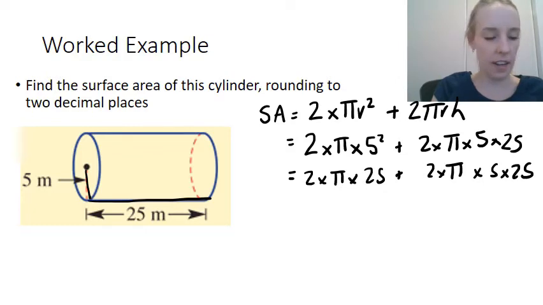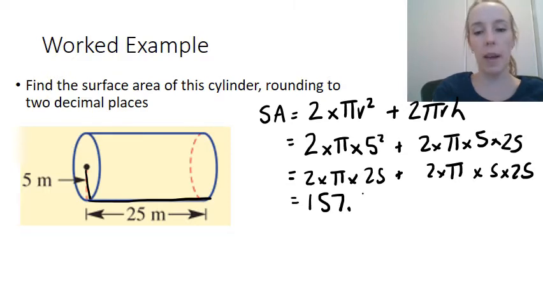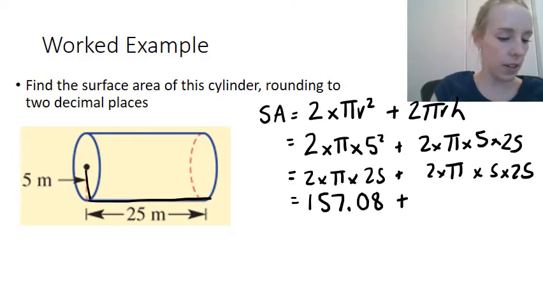So in our calculator, 2 times pi times 25 is going to leave us with 157.079, etc. So I'm going to round that to 2 decimal places, so 079 rounds to 0.8, plus 2 times pi times 5 times 25.